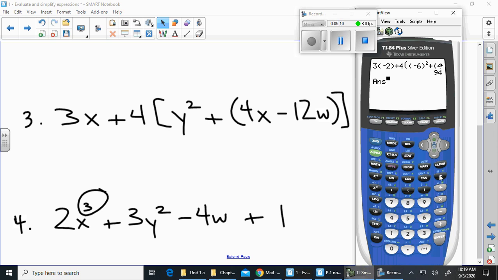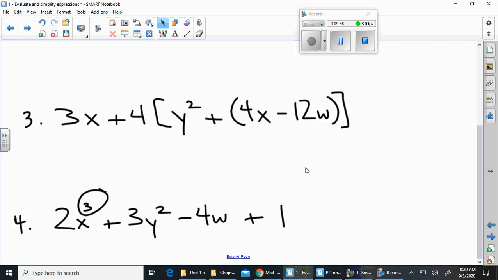That's the key to make it go up. If I want to do 2x cubed, I would do 2, x is -2, caret, cubed. But I'm not going to finish that one.